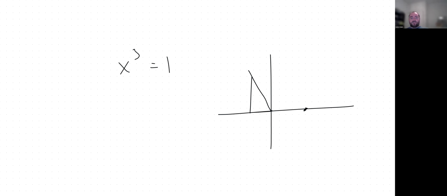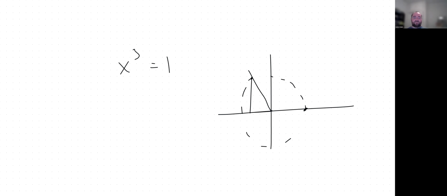We were talking about some number x, where x to the third could equal 1. And because of the way the unit circle works, with 1 being here and that being 360 degrees, we need 120 degrees. And we determined that this point on the unit circle could be the cube root of 1.